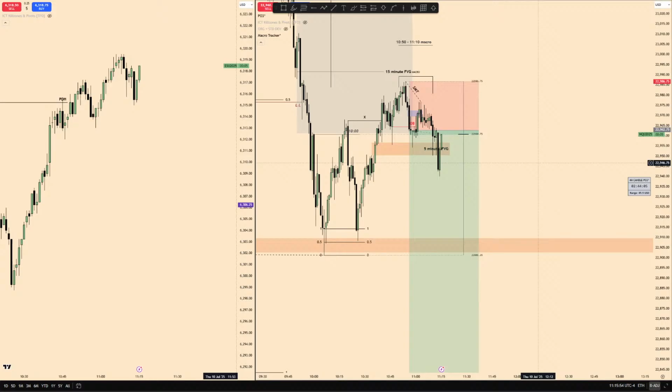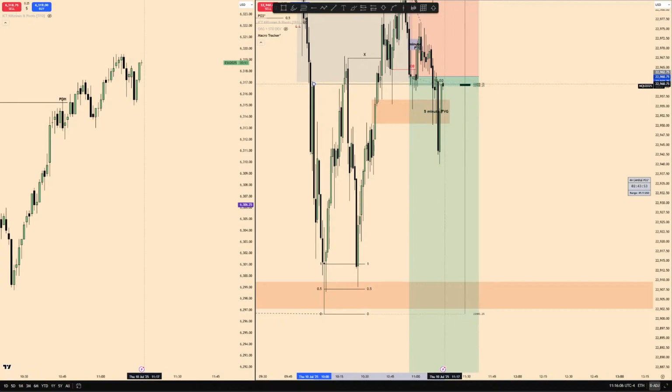It's not good. No. We're still at the opening price of that 4 hour candle. Yeah, the 10 a.m. opening price. We literally just closed to it.